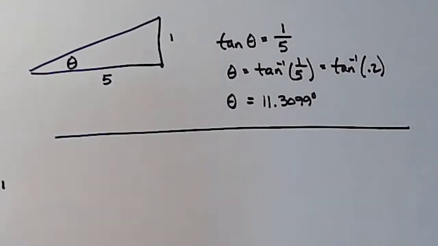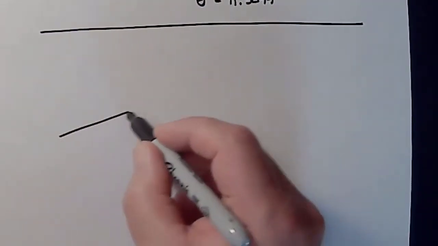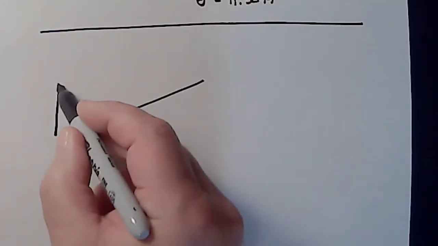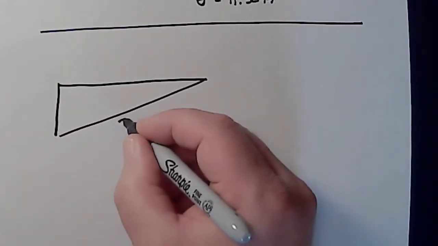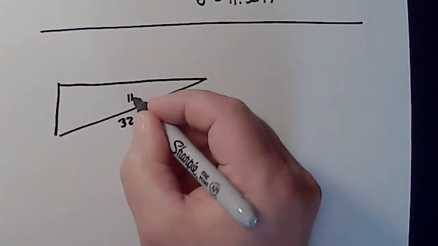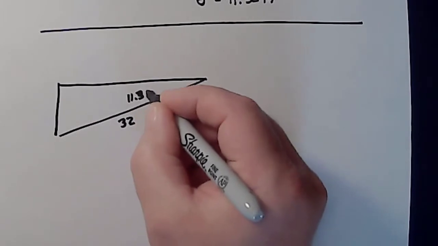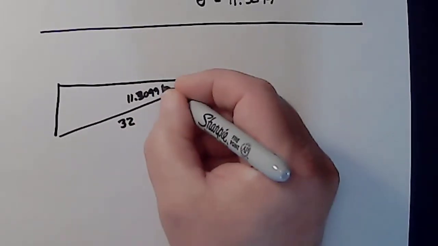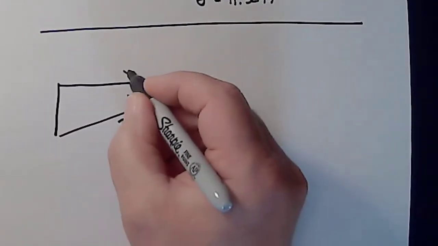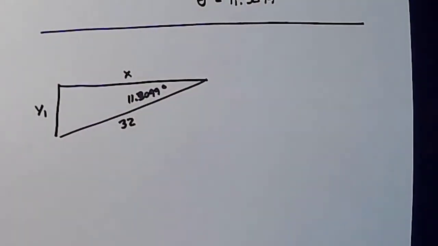The next thing I'm going to do is find the lengths of these 2 sides. I'm going to find x and y1.